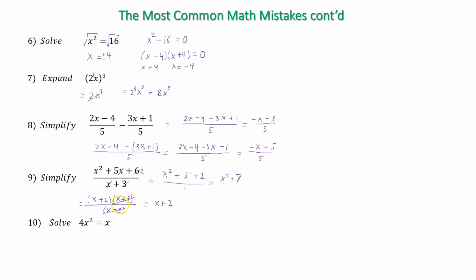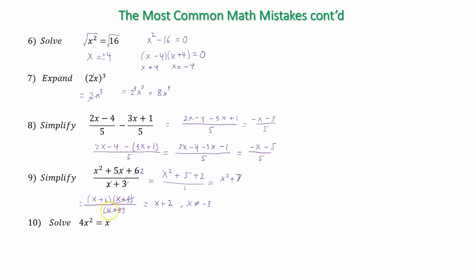Now there is however a restriction, so we can't just write x plus 2 as being the final answer. We have to state that x cannot equal -3. And that's because originally we had this x plus 3 on the bottom.